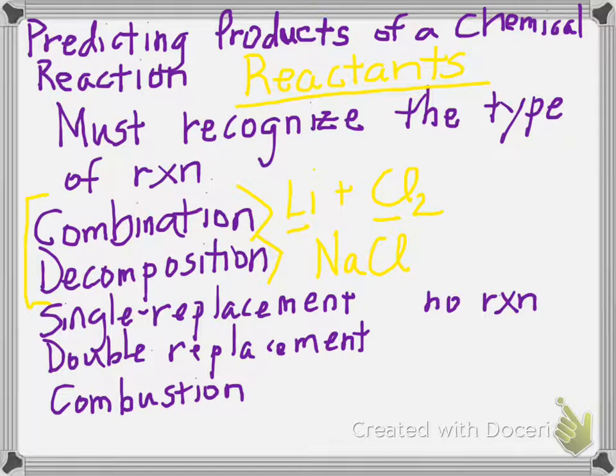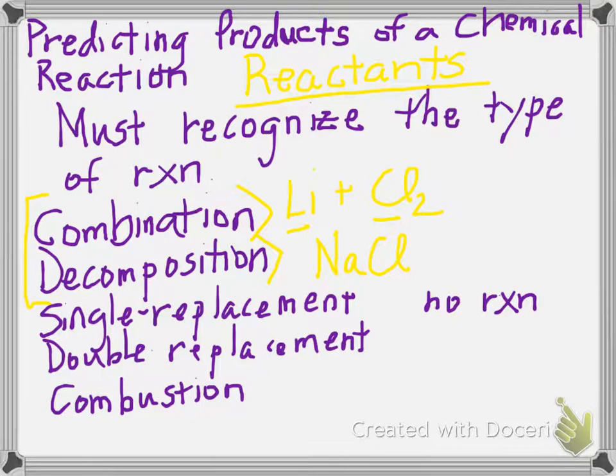I'm going to know it's a single replacement reaction because I have two reactants and it's an element and a compound. I'm going to know it's a double replacement reaction because I have two reactants, it's two compounds. And I'm going to know it's a combustion reaction because I'm going to have a hydrocarbon and I have to have the other reactant of oxygen.